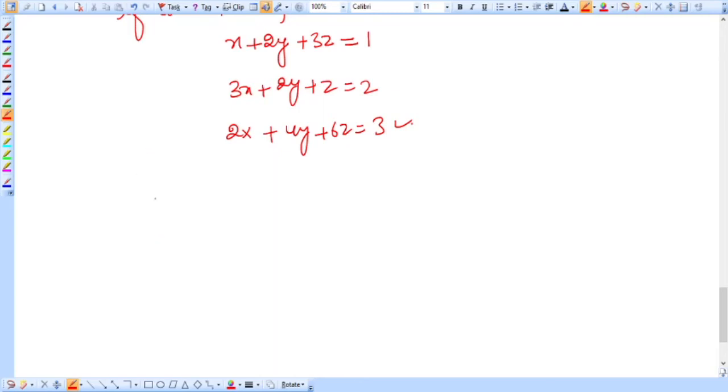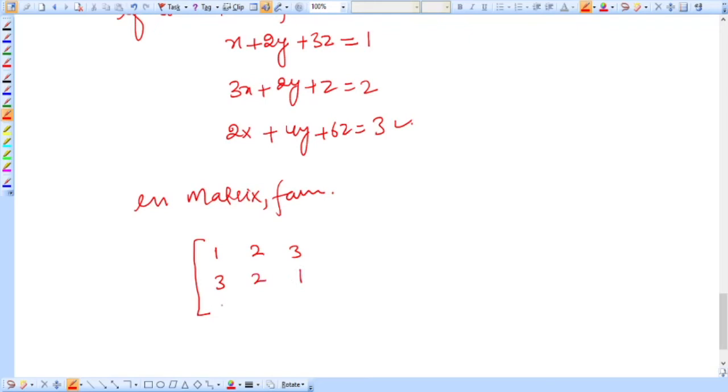In matrix form, it can be written as [1 2 3; 3 2 1; 2 4 6] times [x y z] equal to [1 2 3].